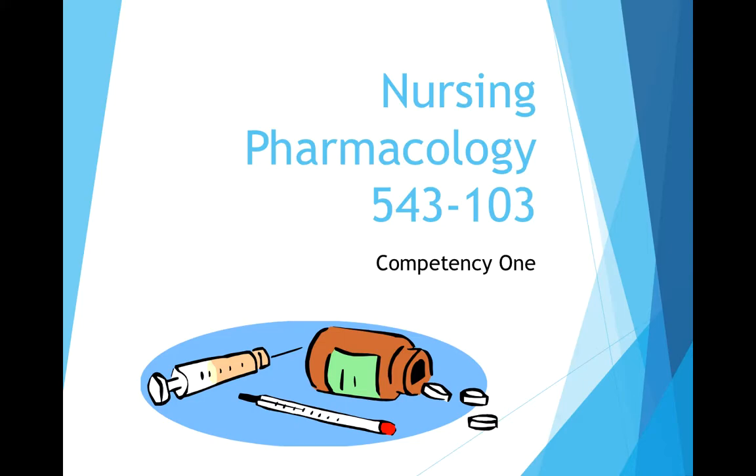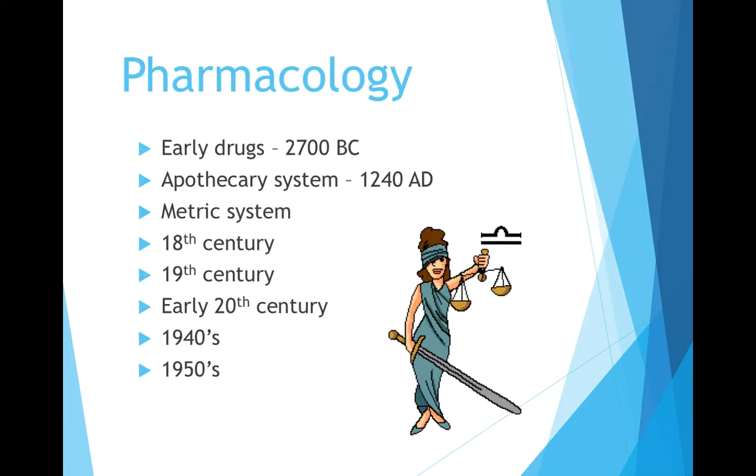Let's get started. The first slide just goes through some basics of pharmacology from the very early times. The first recorded information about any kind of drug compounds was in 2700 BC with use of laxatives and emetics.